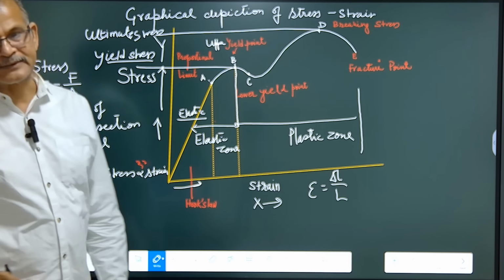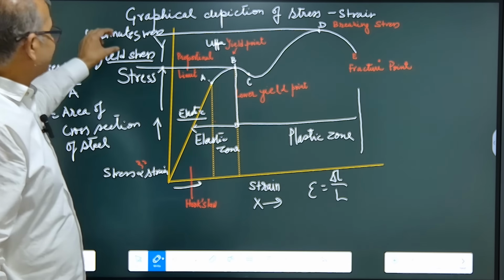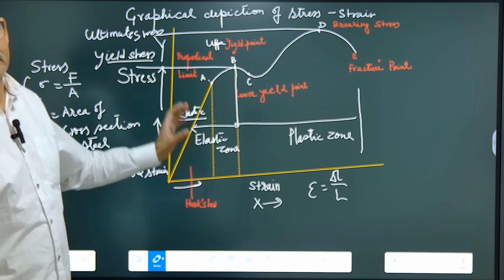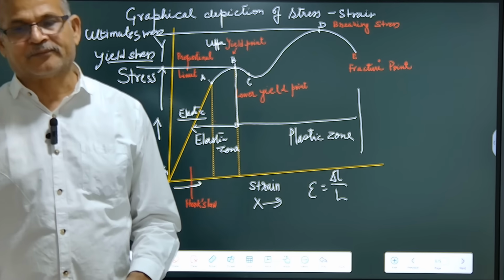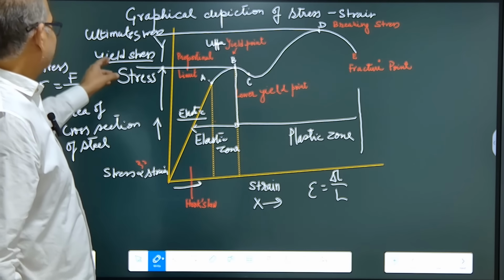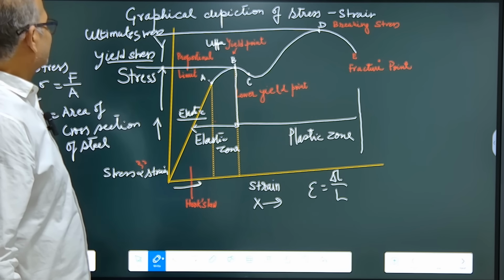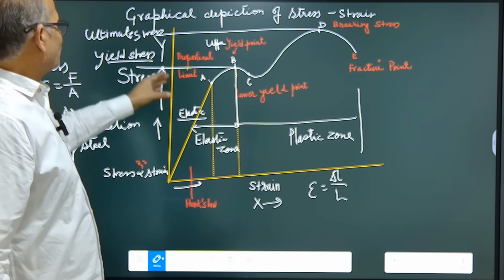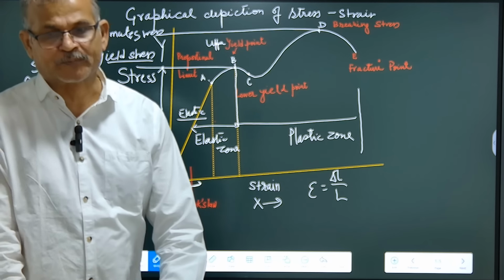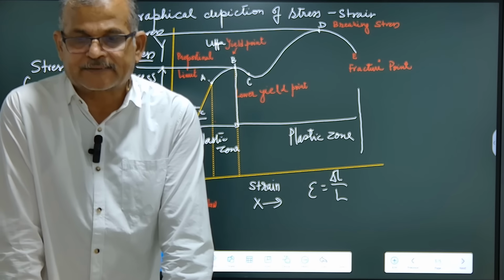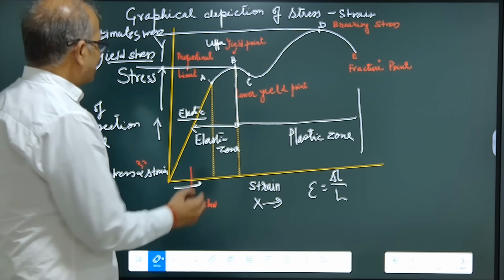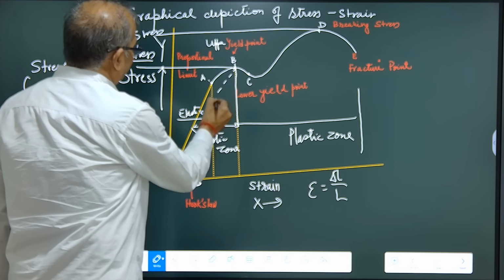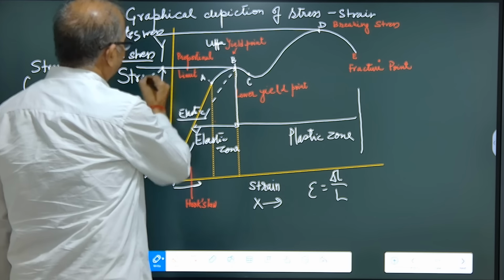For designing any structure, these two stresses are very important, so the test is carried out very carefully. It is also called 0.2% proof stress. We will discuss separately what proof stress is, how it is determined, and how a parallel line is drawn on the graph to find the yield stress.